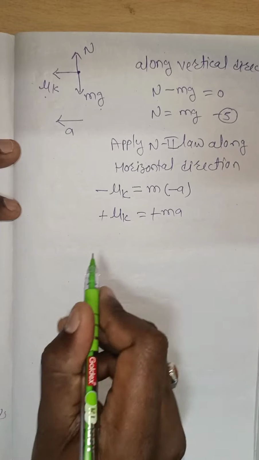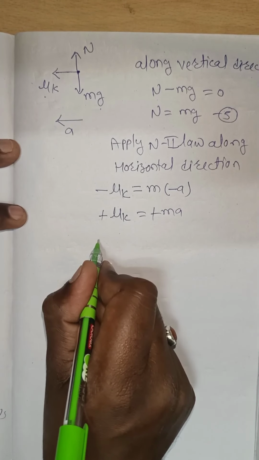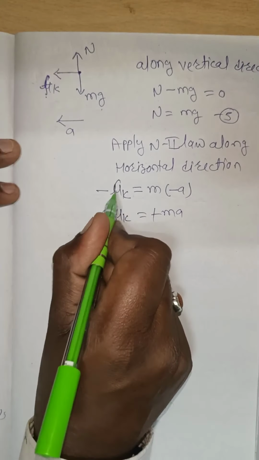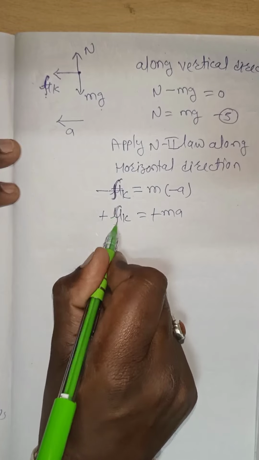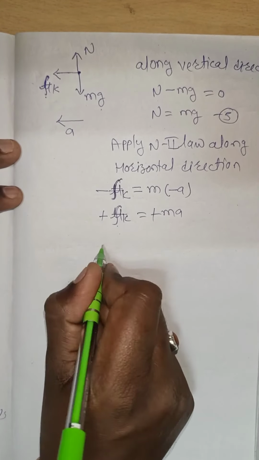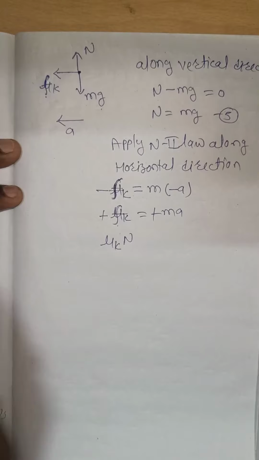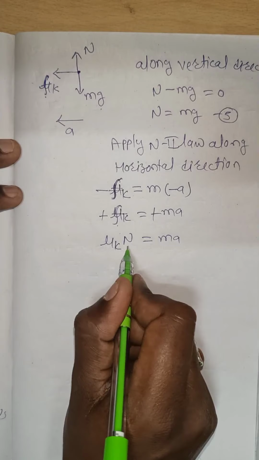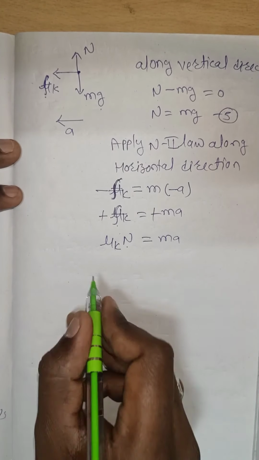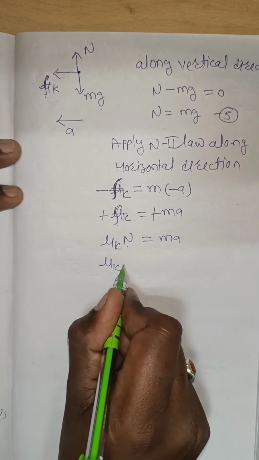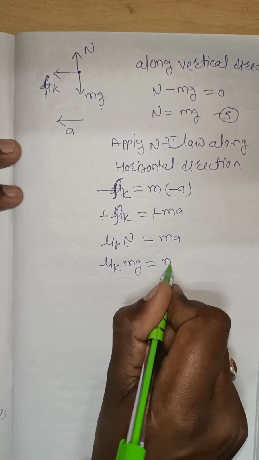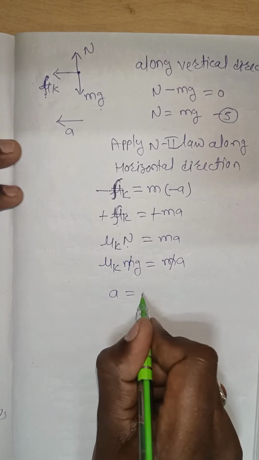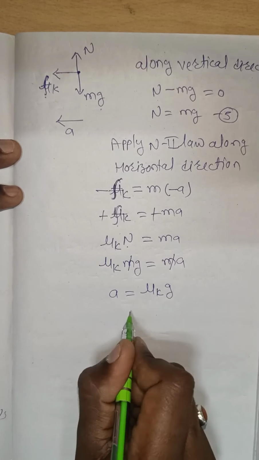The minus signs cancel. You know that the kinetic friction Fk is mu k into N, which equals m into a. And N is m into g. Therefore, mu k m g equals m a. The m cancels. Therefore, acceleration a equals mu k into g.